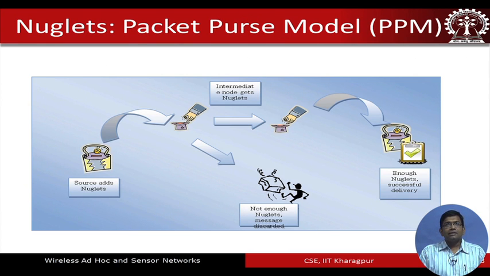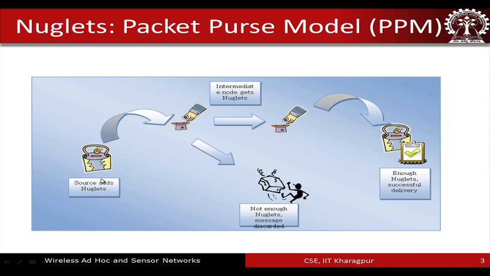Let us look at this figure to understand how the PPM model works. Let us say that we have a multi-hop scenario, a network where there is a source node which wants to send some packet to the destination node, and it has to do it over a multi-hop path involving two intermediate relay nodes, as we can see in this figure.